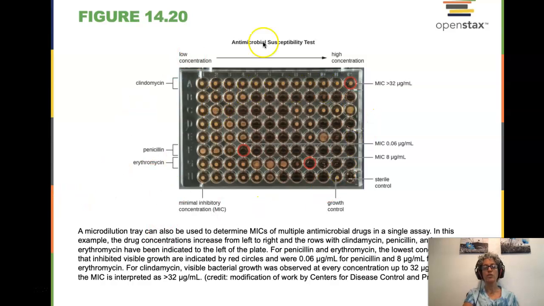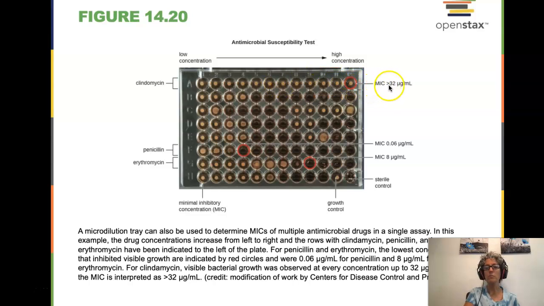This is just a way to do a whole bunch of that on a smaller scale. This is a plastic plate that has 96 little wells in it. And so we vary the concentration from low to high, going across the plate. And going down the plate, we have different drugs, and then we can put the same concentration of the same bacterium in all the wells, and then we can see here it looks like clindamycin doesn't really do too much.